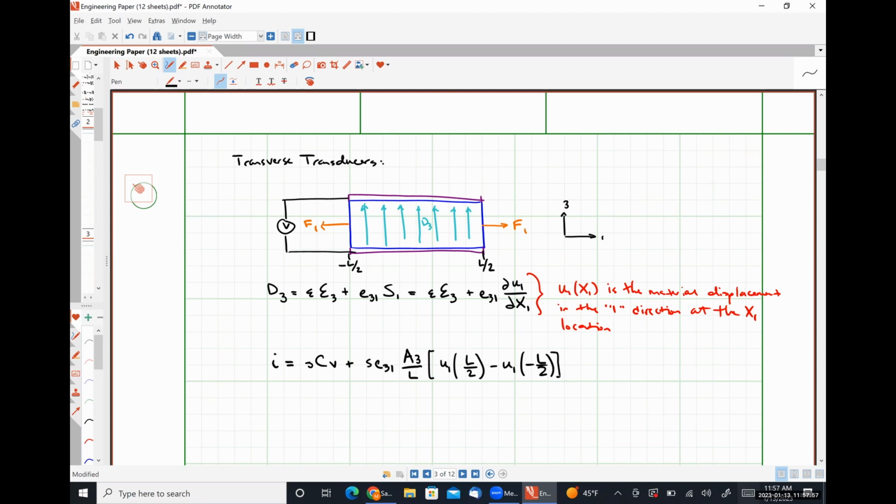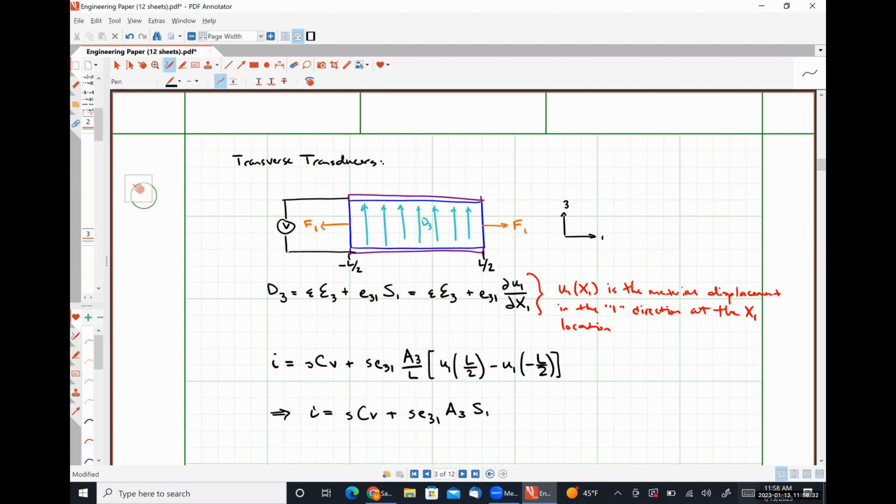And under the same situation, so if our strain in the 1 direction is constant across the length of the crystal, or if we're going to treat it like the strain is constant because we don't want to figure out what the strain is everywhere, we can say that I is equal to SCV plus s e31 A3 S1.